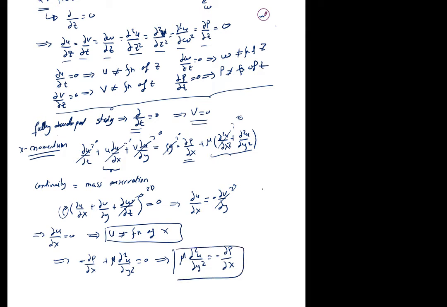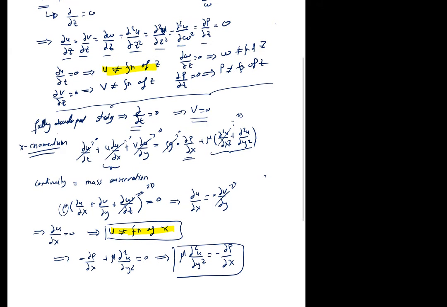Excellent. Now notice here we have stated u is not a function of x, and I have also stated u is not a function of z. So what does that mean? It means u is only a function of y.